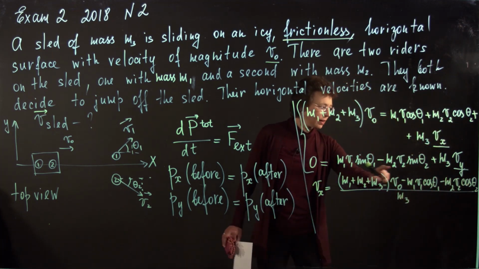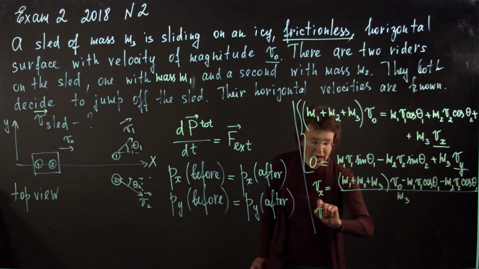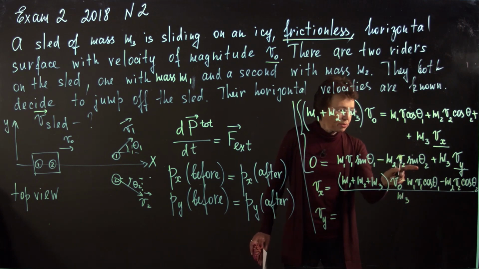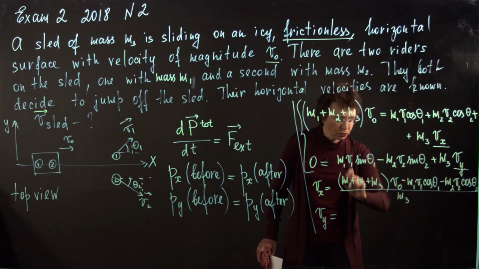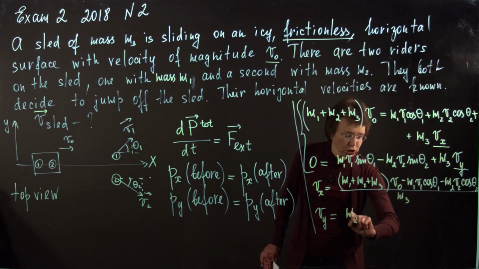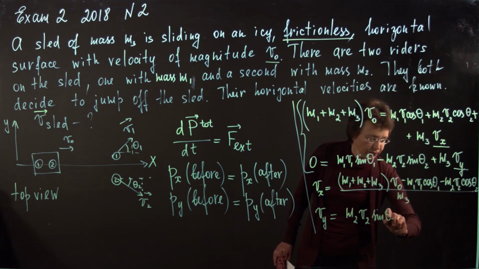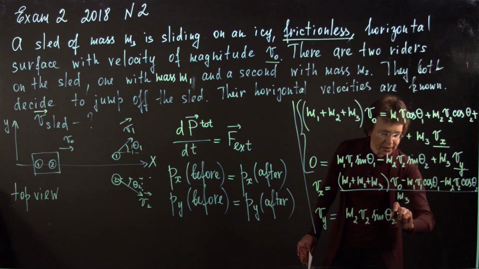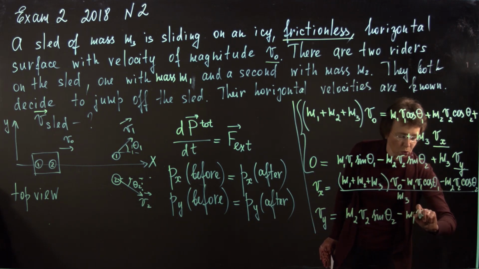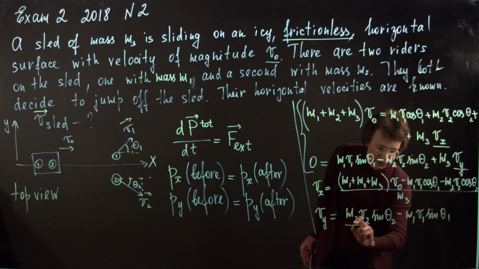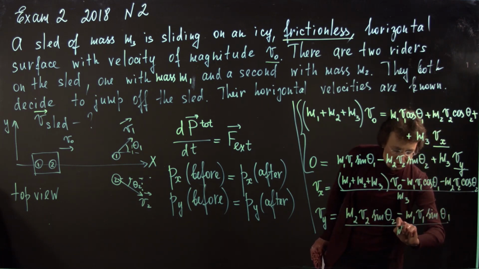What is vy? Right here. Vy is equal to, I bring this guy to the other side of the equation, plus m2 v2 sine theta 2 minus m1 v1 sine theta 1, divided by m3.